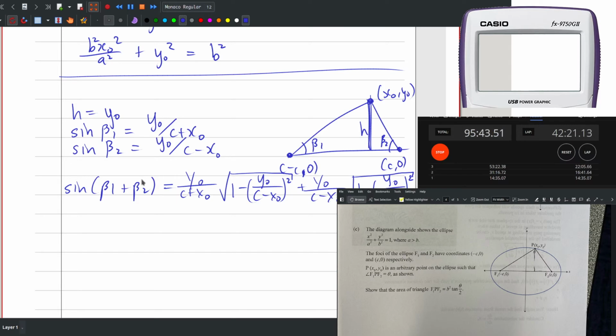Alright, I literally don't see any other way. So this is theta. c minus x naught, c squared minus x naught squared. We just multiply through.